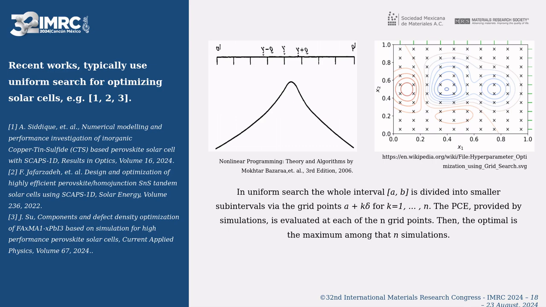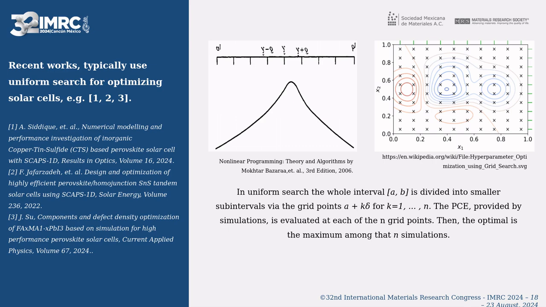The whole interval is divided into smaller subintervals via the grid points. The cost function f, which corresponds to PCE simulated values, is evaluated at each of the grid points. Then, the optimal is the maximum among all simulations.